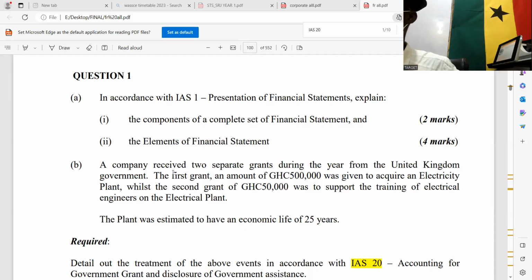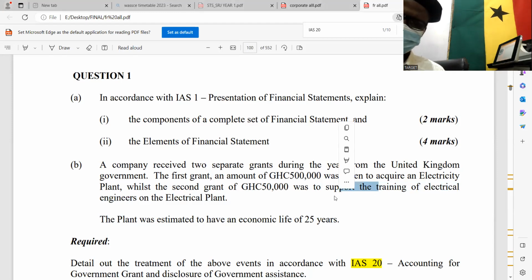The company received two separate grants during the year from the United Kingdom government. The first grant, an amount of 500,000, was given to acquire an electricity plant, while the second grant of 50,000 was to support training of electrical engineers.